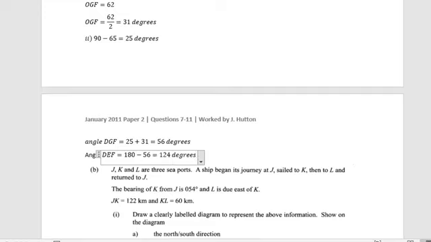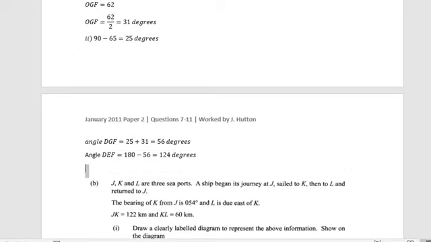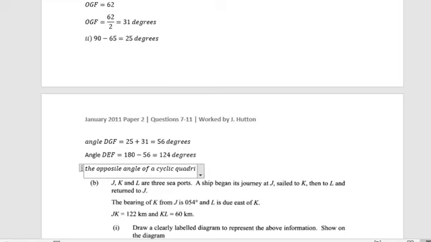And what we're saying is the opposite angles of a cyclic quadrilateral are supplementary. And that is your answer, 124 degrees, with the reasons, which are both written and were explained while typing.